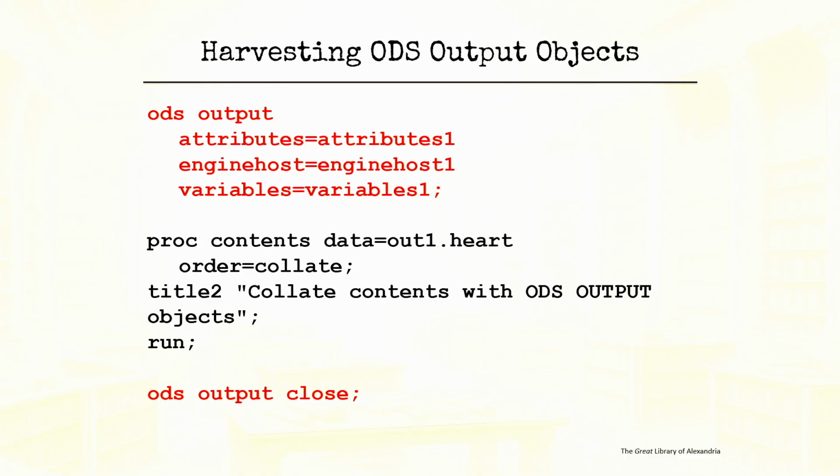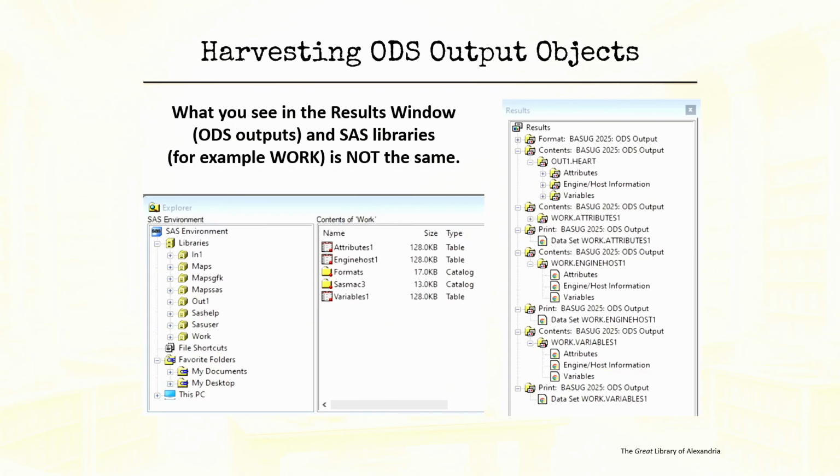So usually I put a number on them, or I will make a shorter name to deal with that. So that code saves the 3 ODS output objects as work data sets with the same name with 1 added. And once you have assigned those ODS output objects, close the ODS output at the end of your ODS sandwich.